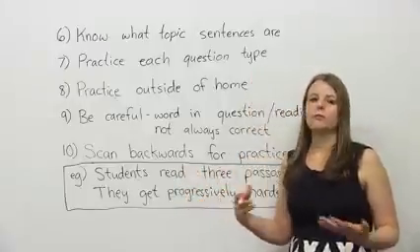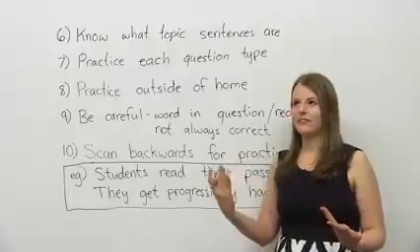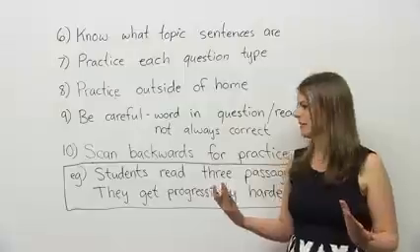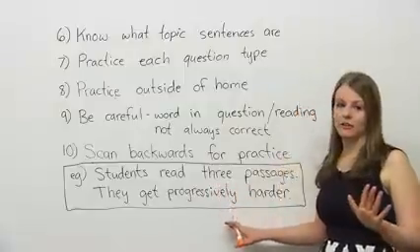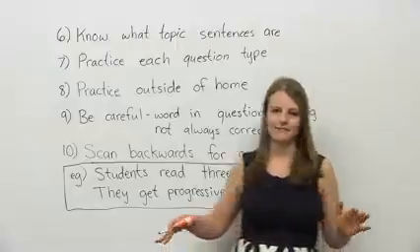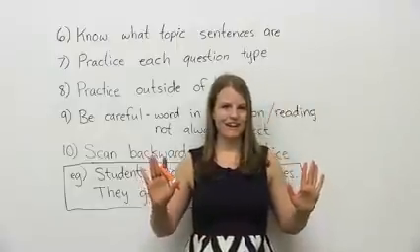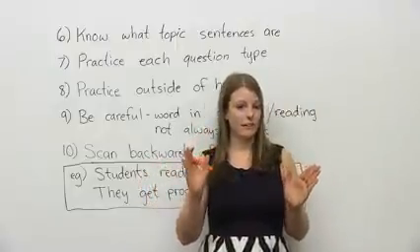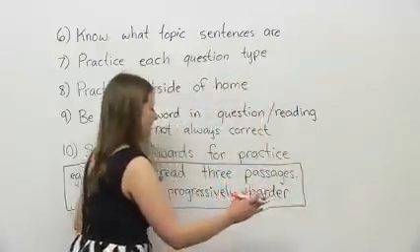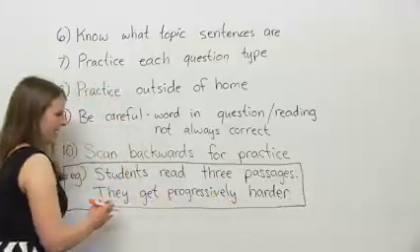So one way to get good at scanning is to scan backwards. Now, how would I do this? Okay, I'm going to ask you a question. How many passages are on the IELTS? Now, before you read, I want you to look for a number and look this way, okay? So you can start scanning.